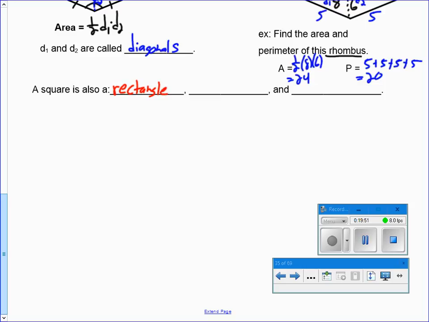It's also a parallelogram, since it has 2 pairs of parallel sides. And it's also a rhombus, since it has 4 congruent sides, and opposite angles are congruent. So if you want to see any other explanations for this or any extra practice problems, you can search for polygon, area, and perimeter.